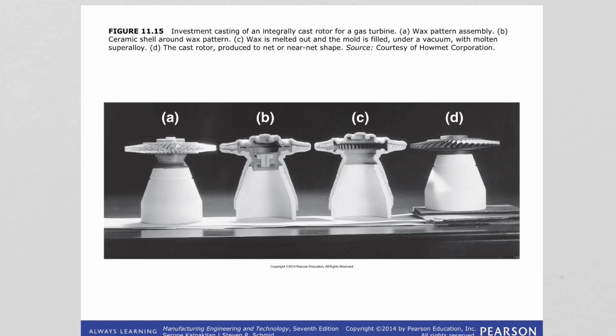Alright, in this figure we are seeing investment casting of a rotor for a gas turbine. First there is the wax pattern in image A, and then the shell is coated over that wax pattern in image B, and the wax is melted out, and then the mold is filled with molten metal, which is a superalloy in this case, because that's what we use for gas turbines.